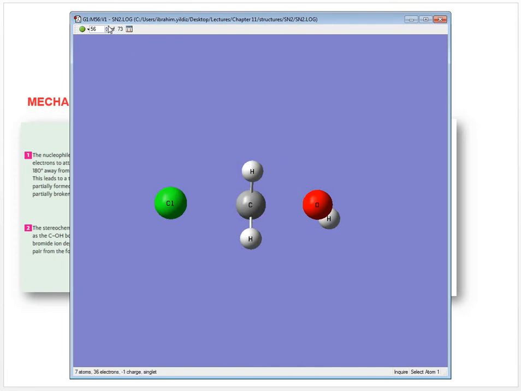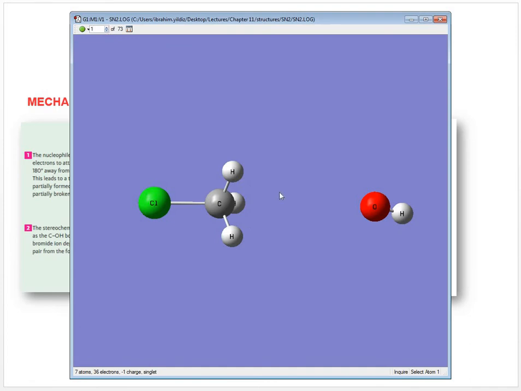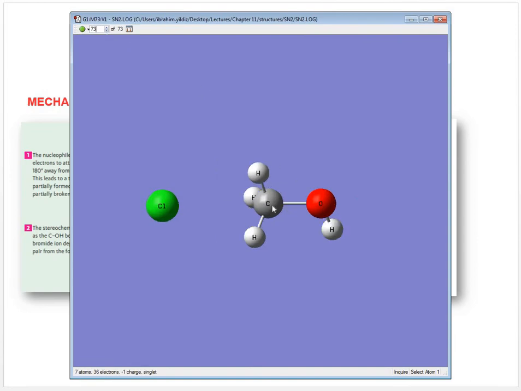That's a requirement, and as time passes, you see the configuration inverted. Let's go back to the original. Hydrogens are facing towards the nucleophile, but after the reaction, hydrogens are facing towards the leaving group. So the configuration of carbon is inverted. If this is a chiral carbon, the reactant and product will have opposite configurations.